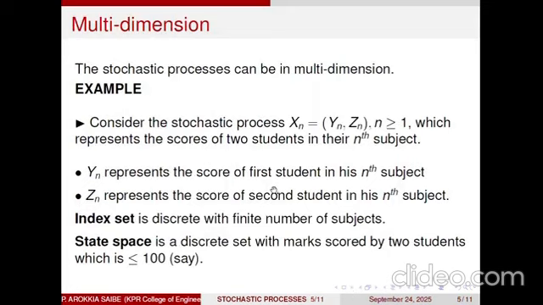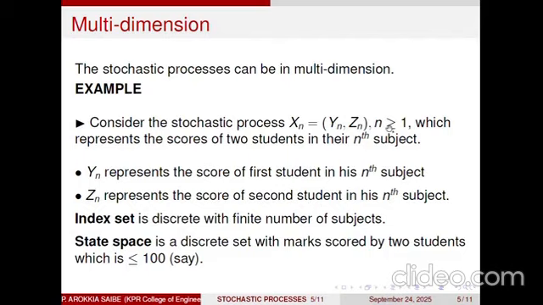Now let us have another example in multi-dimension. Let us take a stochastic process Xn, which is nothing but (Yn, Zn). This stochastic process represents the scores of two students in their nth subject. So Yn represents the score of the first student in his nth subject and Zn represents the score of the second student in his nth subject.